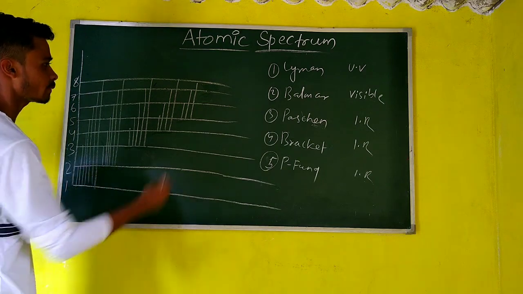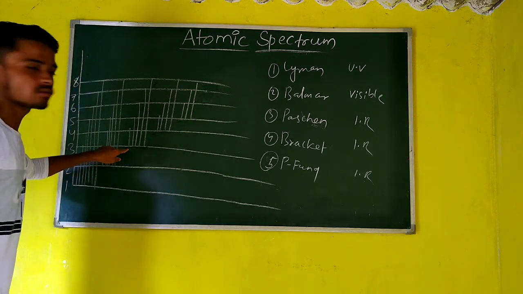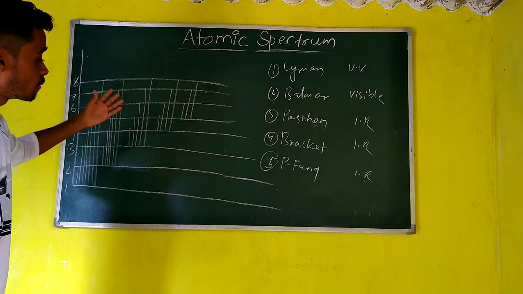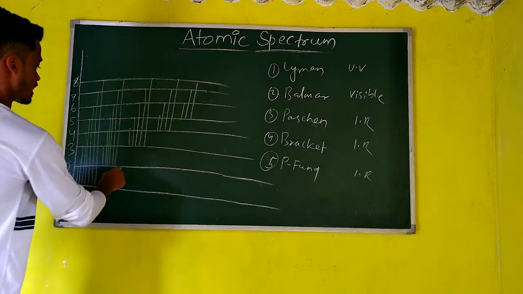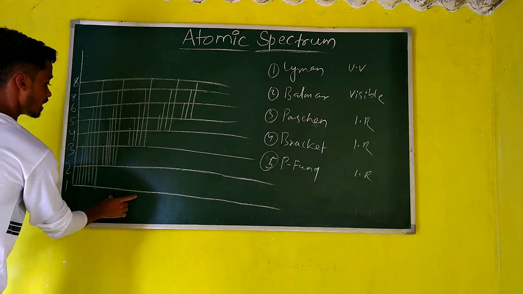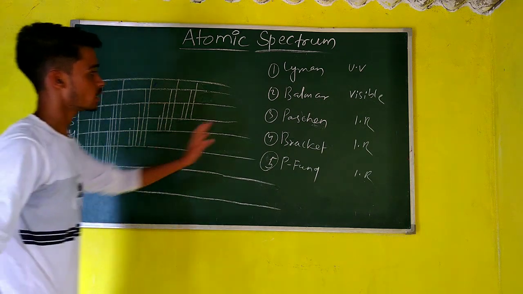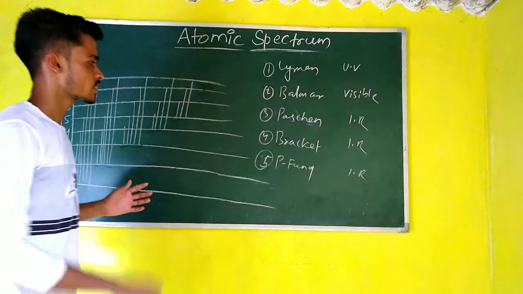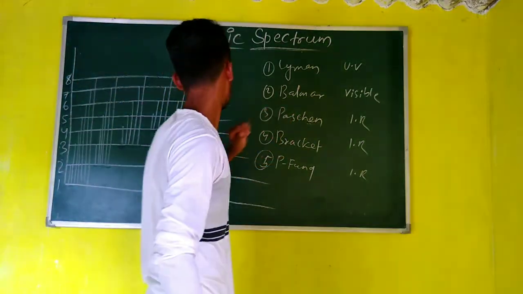And students, in the third, the Paschen series, n1 equal to 3, which means the electron jumps from any energy level to the third energy level. The second energy level and first energy level do not work in the case of the Paschen series. Then students, comes the Brackett series.